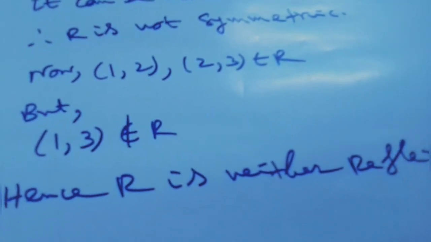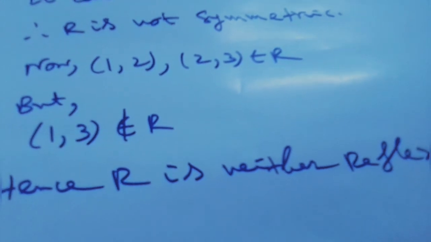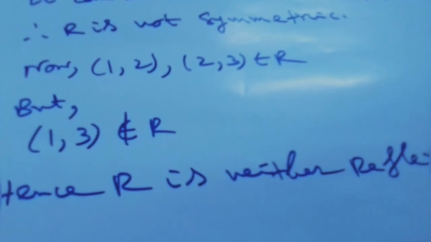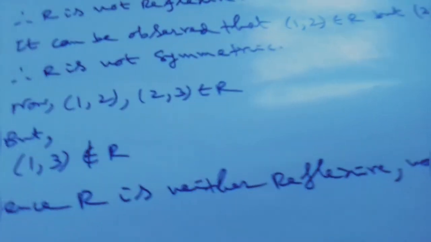Now taking transitivity, (1, 2) and (2, 3) belong to R, but for (1, 3), 3 is not equal to 1 plus 1, so it doesn't belong to R. So (1, 2) and (2, 3) belonging to R doesn't imply (1, 3) belongs to R. Hence R is not transitive. Hence R is neither reflexive, nor symmetric, nor transitive. So in this way we can show our results in our discussion.